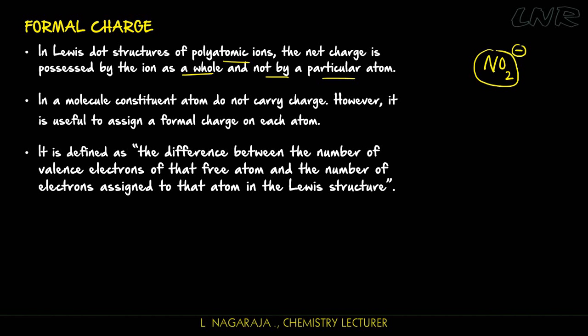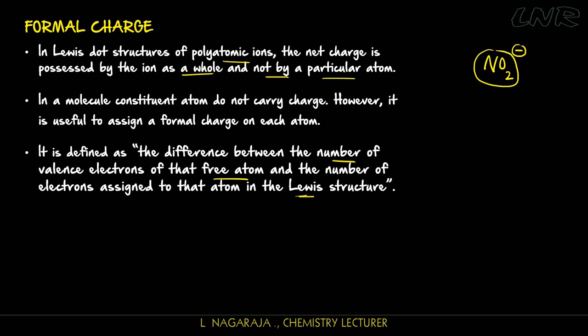So formal charge is defined as the difference between the number of valence electrons of the free atom and the number of electrons assigned to that atom in the Lewis structure.